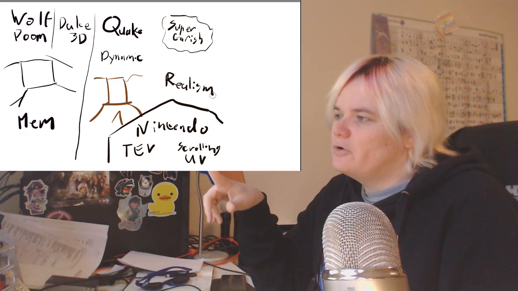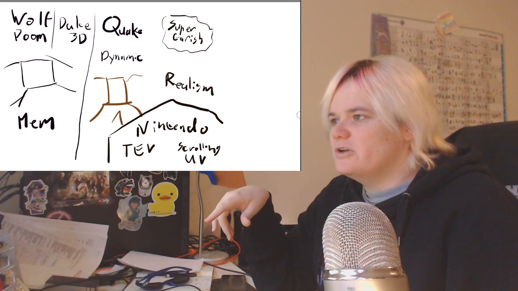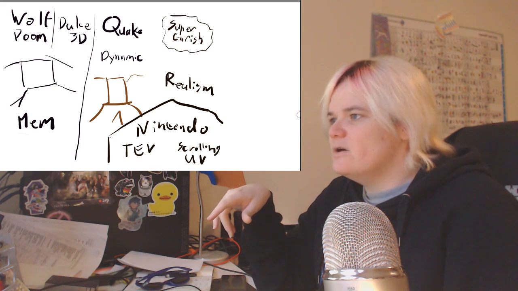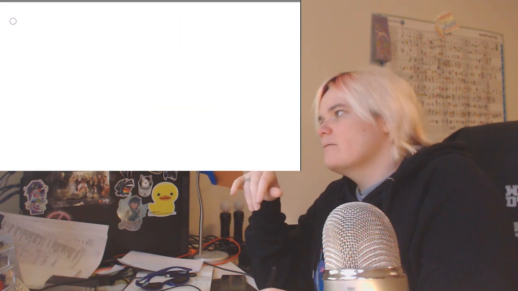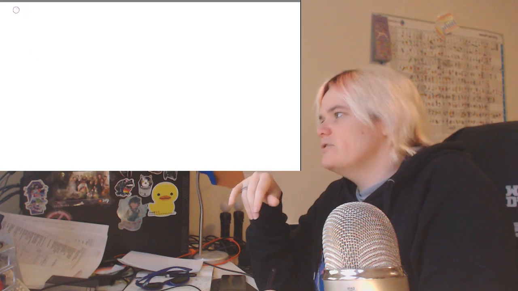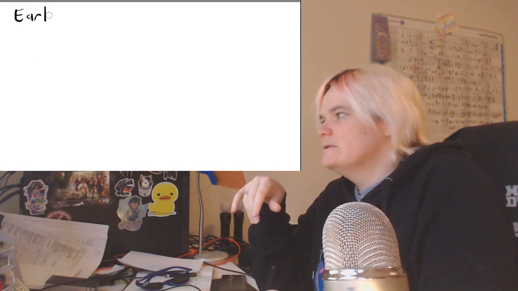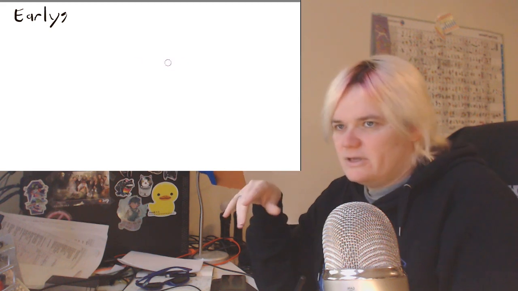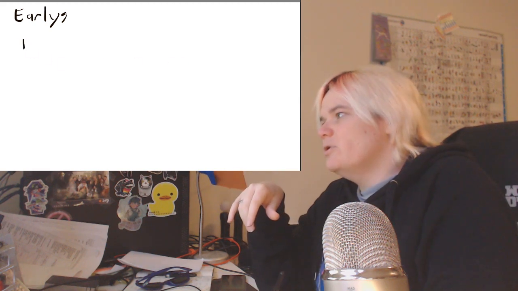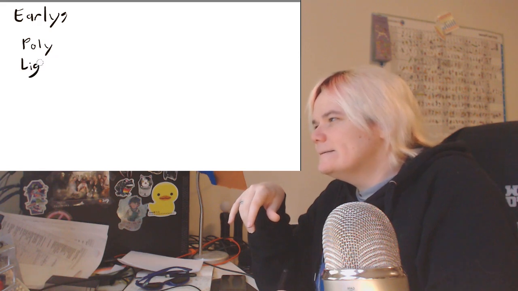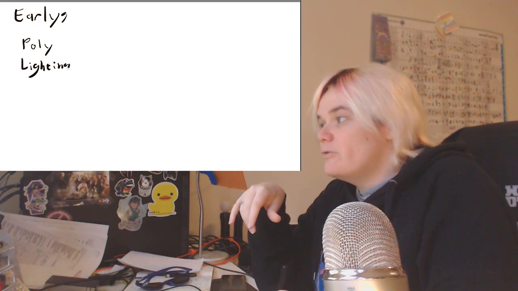As we go forward with this and we start to go into the early days of pixel shaders, so we're talking early 2000s here, there's a few things. We're getting the poly counts up. Lighting is still very primitive.